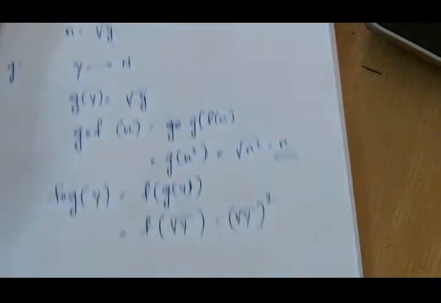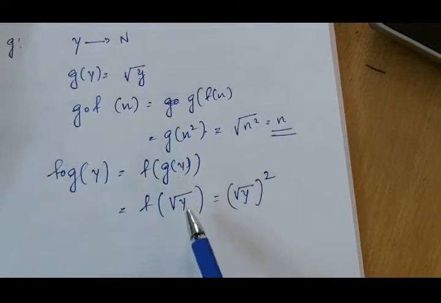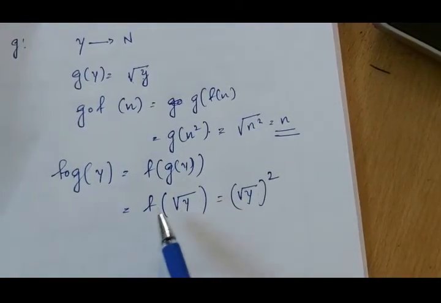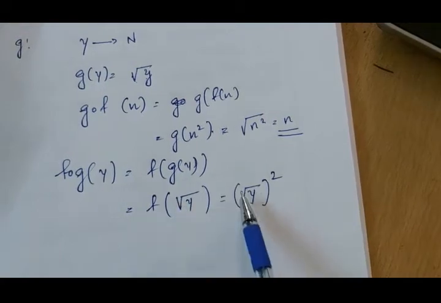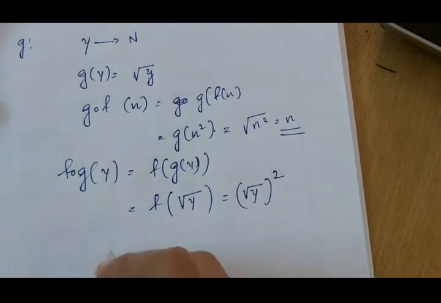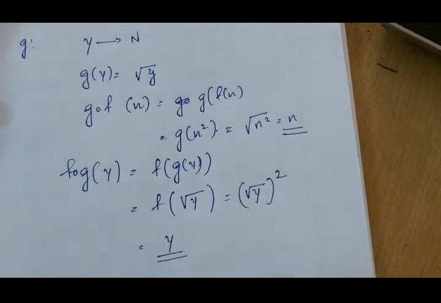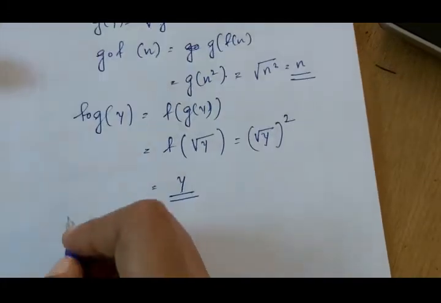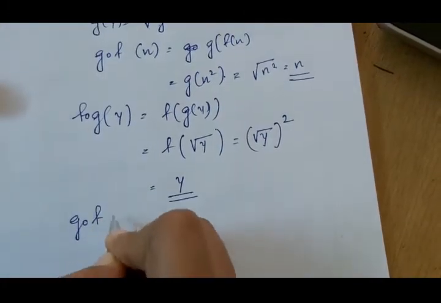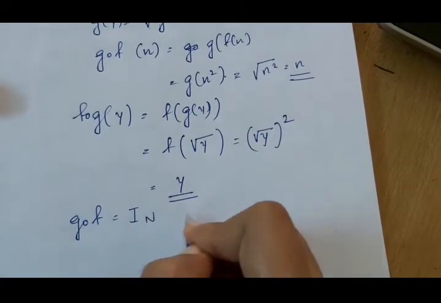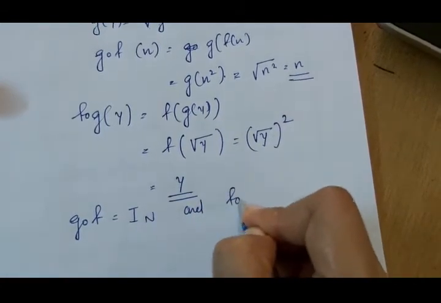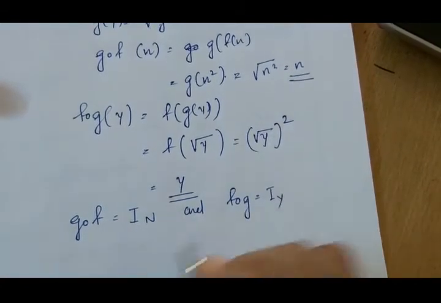So we substitute g of y here, root y. F is the square of this value, so we take the square, which is equal to y. G composition f is equal to I n, and f composition g is equal to I y.